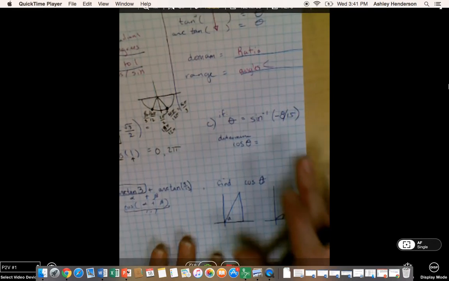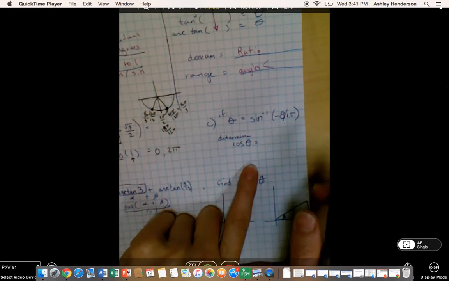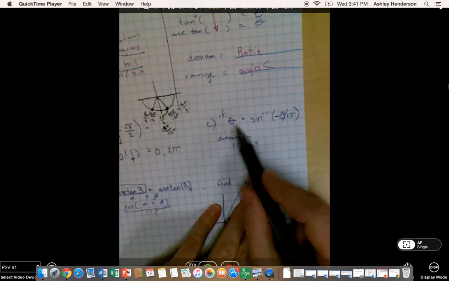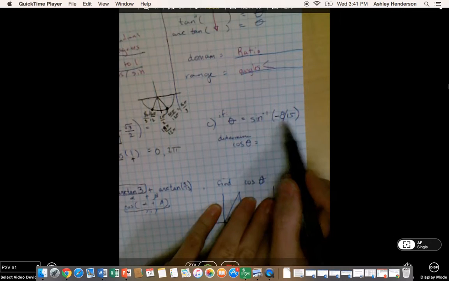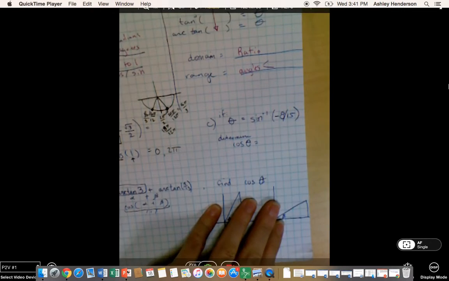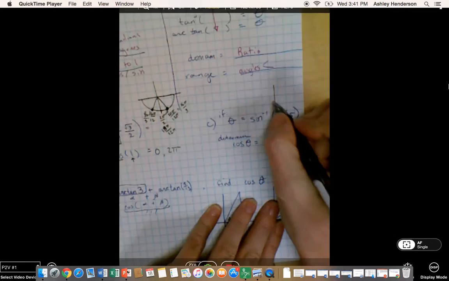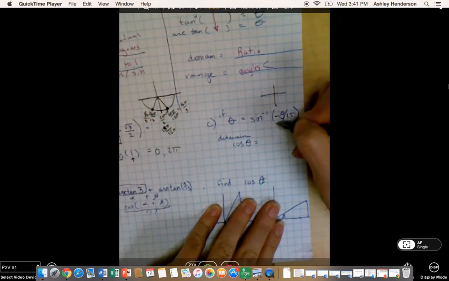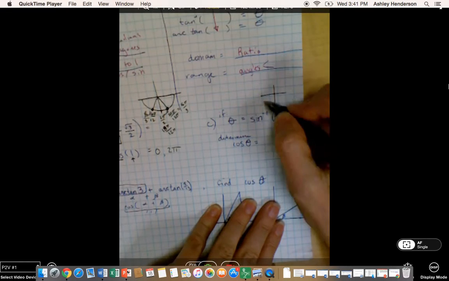One more, a little bit more difficult. You don't have to be that quiet. I've got theta is equal to the inverse sine of -8/15. So the first thing I'm going to do on these is draw a quick sketch of where I'm looking at. The angle sine is negative, so I'm again looking down here in this world.